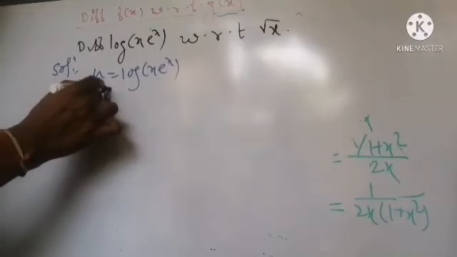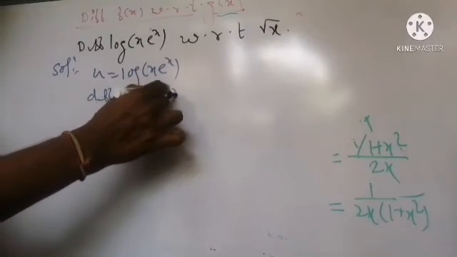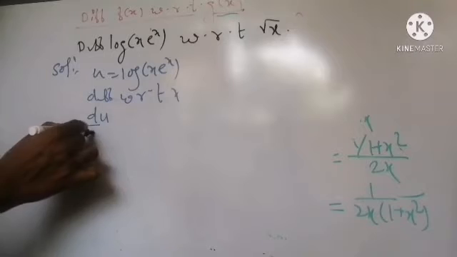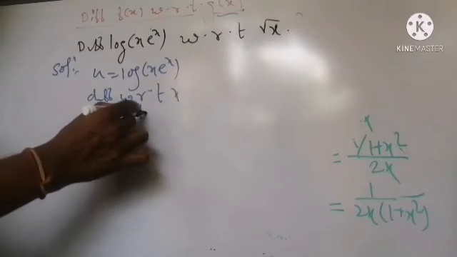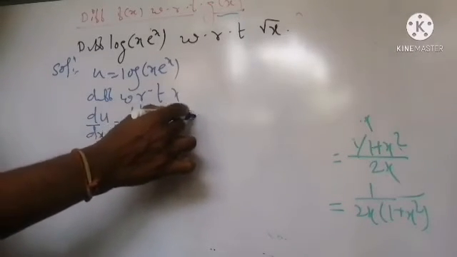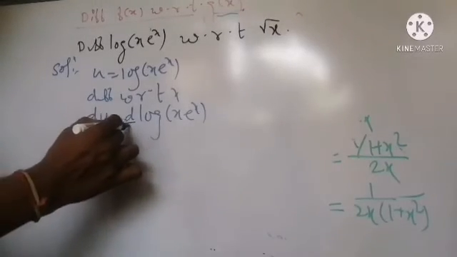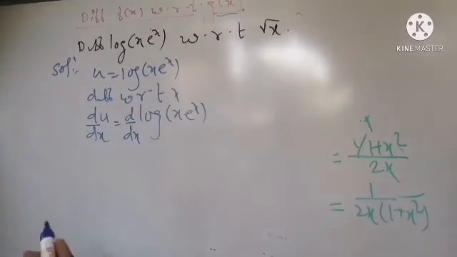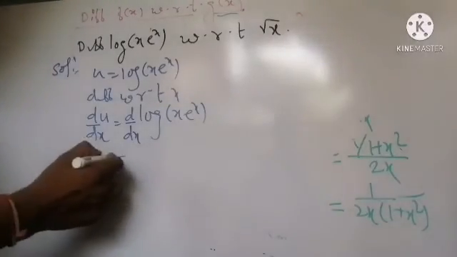We have to differentiate this with respect to x, the derivative of u with respect to x, du by dx, and the derivative of log of x e raised to x. Here x e raised to x is in brackets, so consider it as a term on which log is applied. So this is a composite term.